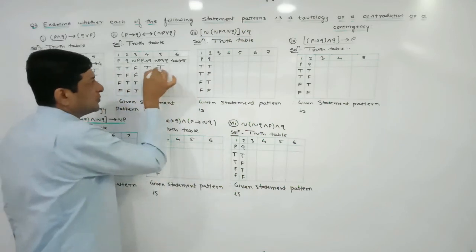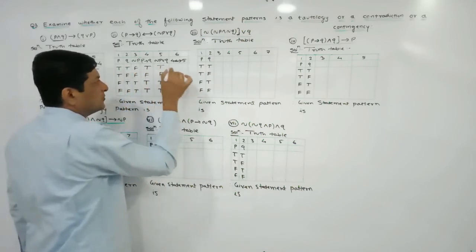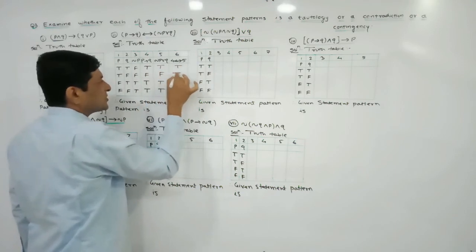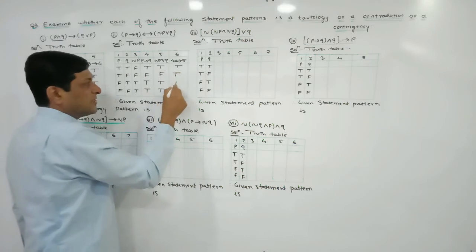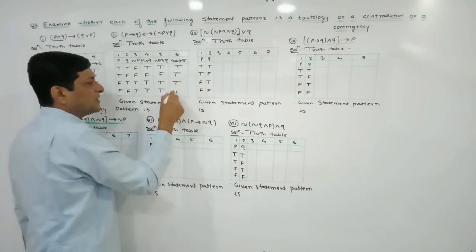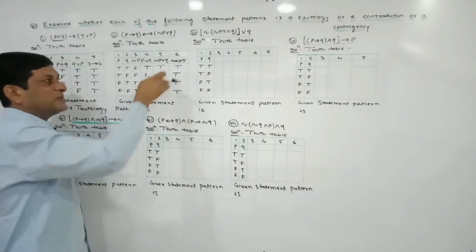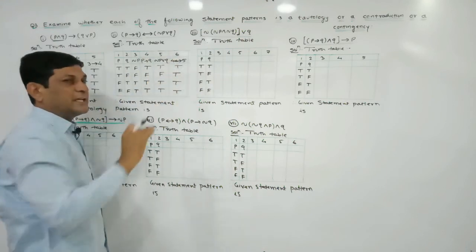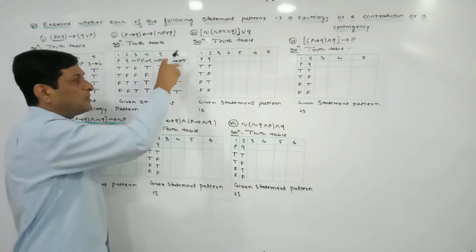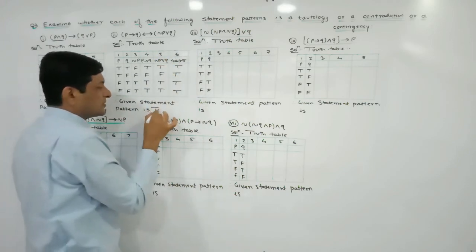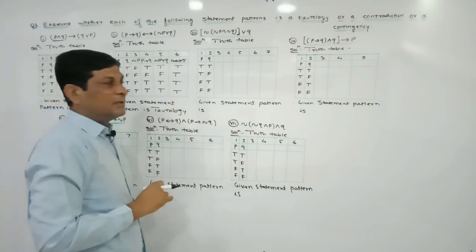See, in the first case both statements are true, meaning truth values are identical. Here also both are false, meaning the result will be true, because if truth values are identical, at that time double implication is true. So in every case truth values are identical, that's why we can say that double implication is true. And since the truth value of this statement is always true, we can say that this statement is a tautology. Now observe the next example.